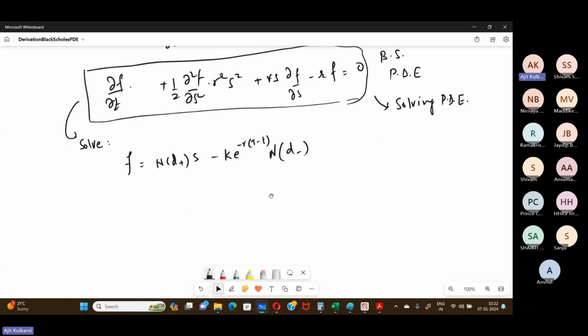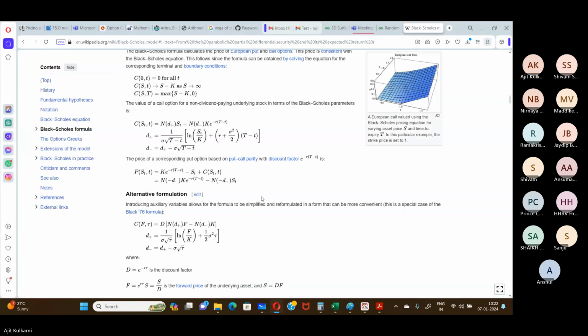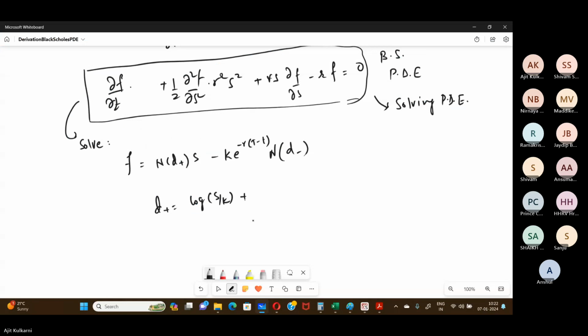And d plus is given by log of S by K plus of r plus sigma square by 2 into time to expiry, divided by sigma into square root of time to expiry.